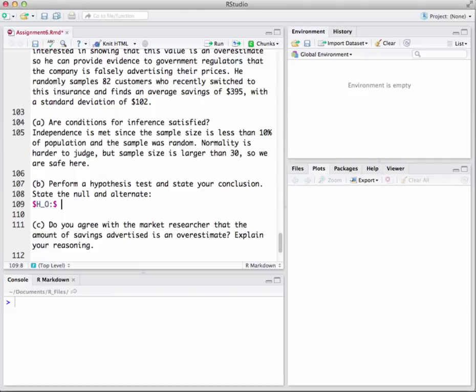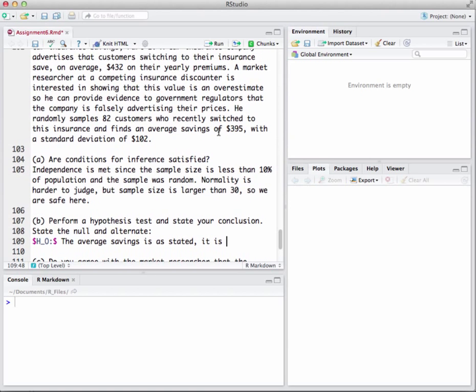Well, let's see, in words: the average savings is as stated. That means it is what? Let's scroll up just a smidge here so we can see, $432.